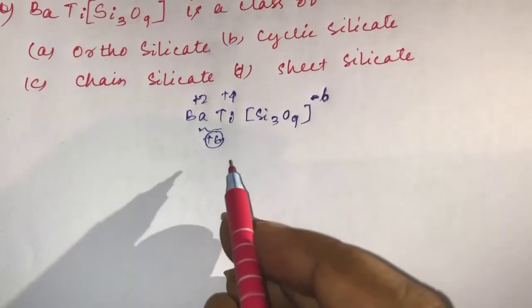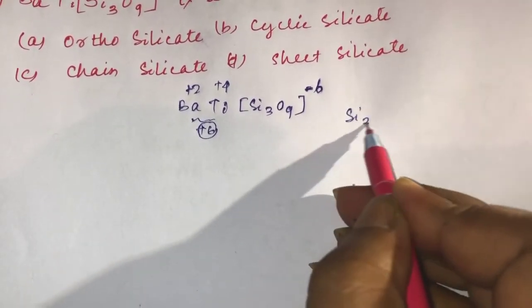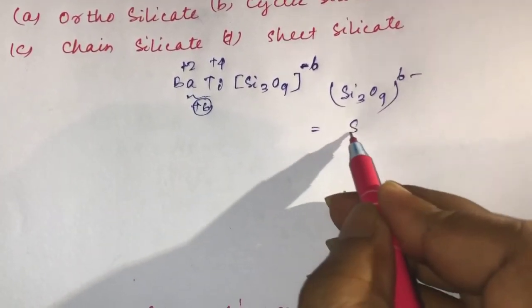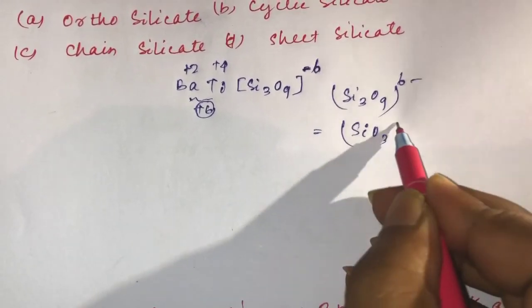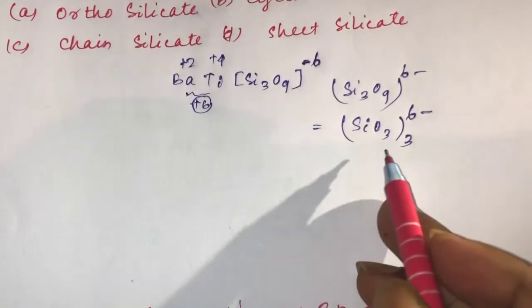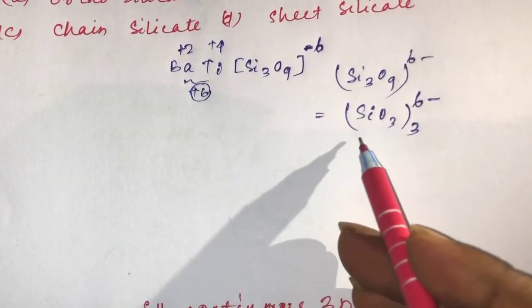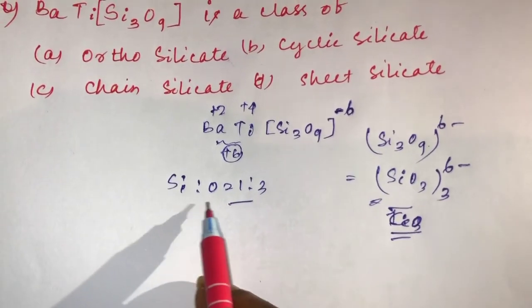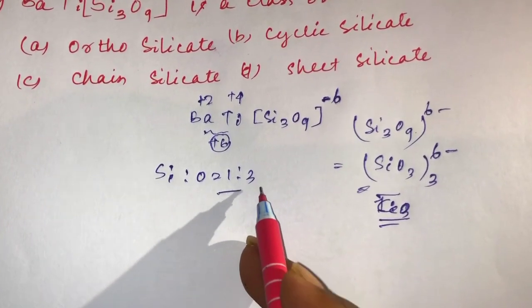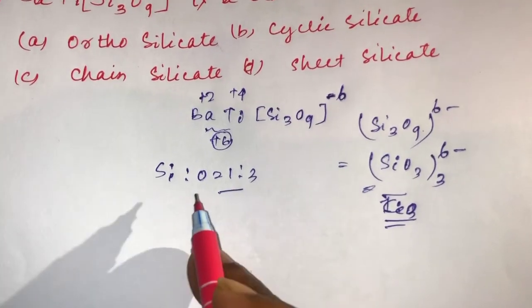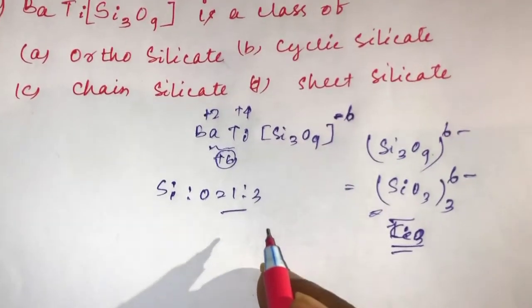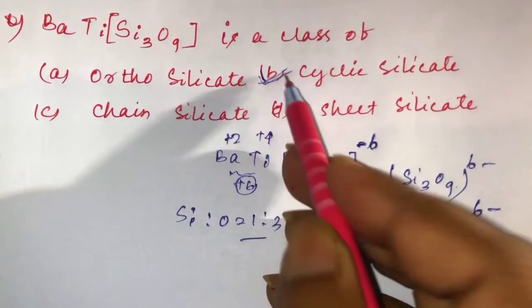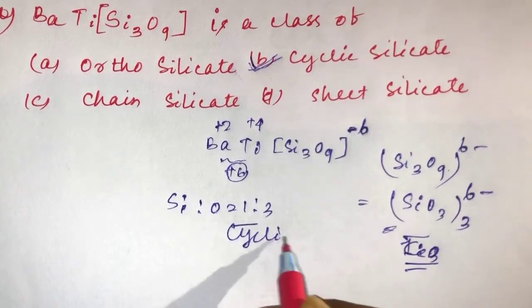So this will be Si3O9 6 minus. Here the ratio of silicon and oxygen atoms is 1:3. So by using the above table, I can say this formula belongs to cyclic silicate.